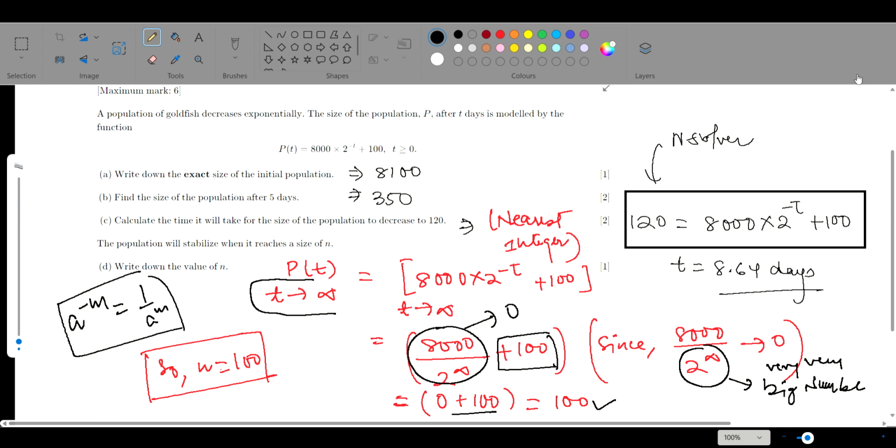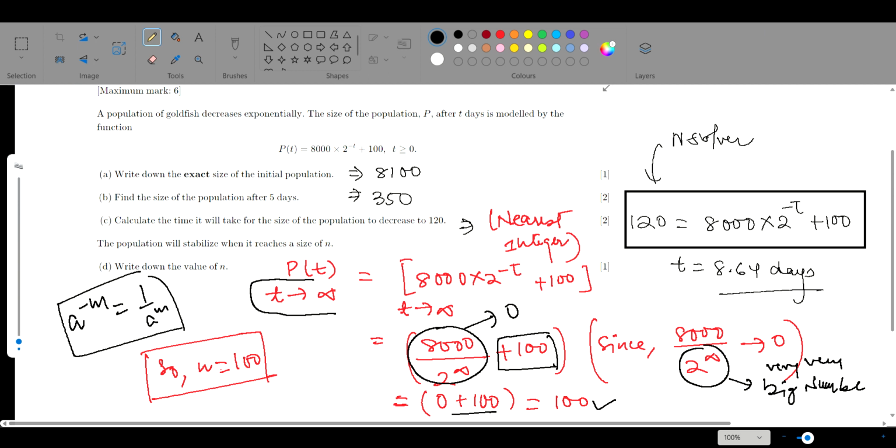You can take any big number and divide 8000 by it.